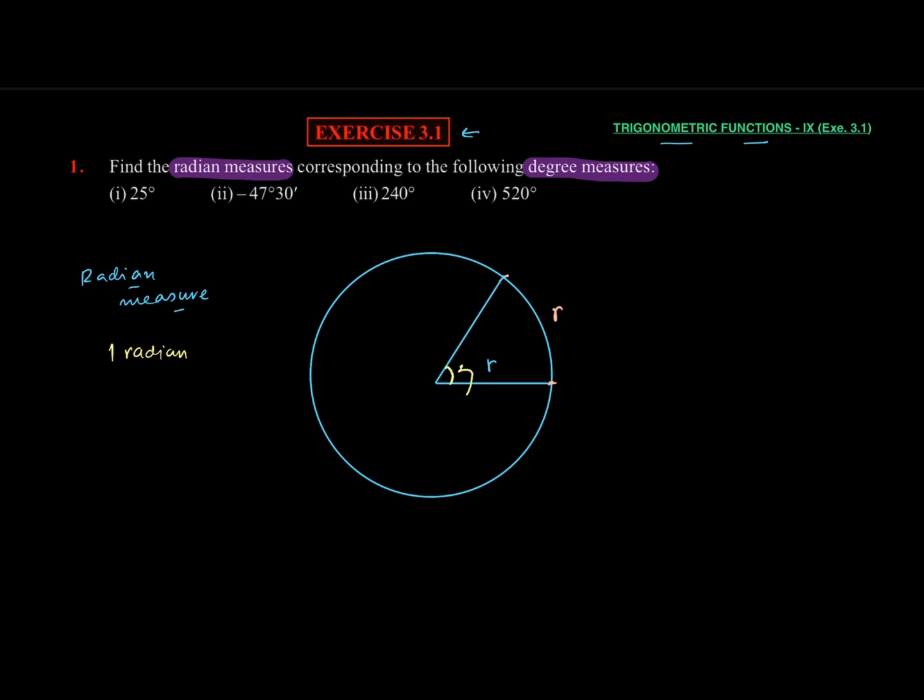Therefore this angle formed at the center of the circle will be equal to 1 radian. Now suppose r equals 2, that is the radius of the circle is 2 centimeters, and we take the length of arc equal to 2 centimeters, then our angle will be equal to 1 radian. Remember that this angle is formed at the center of the circle.